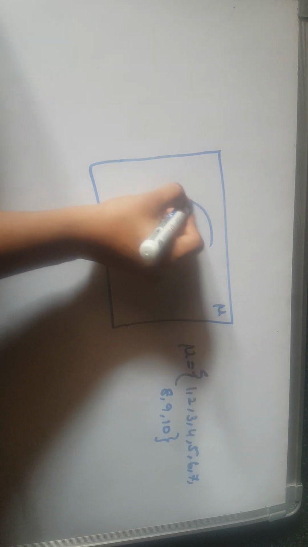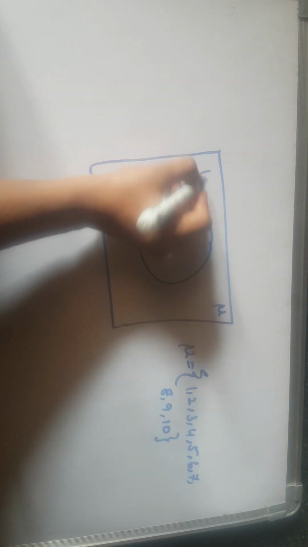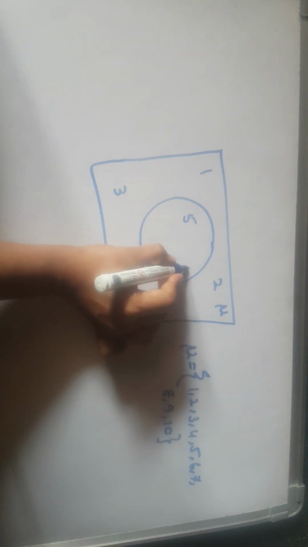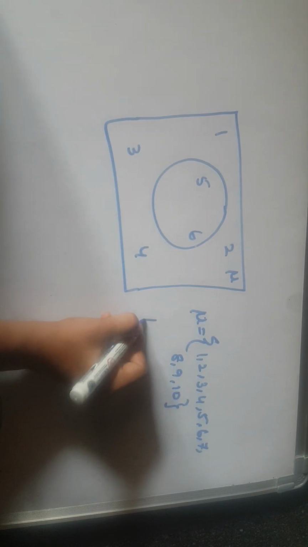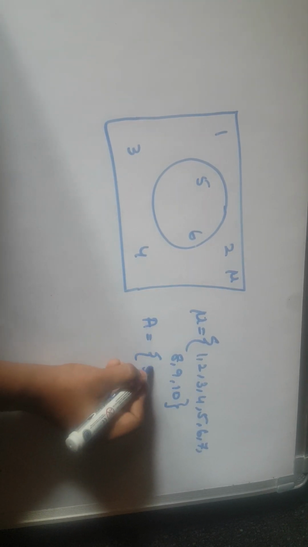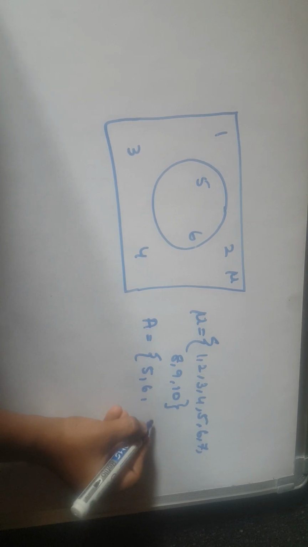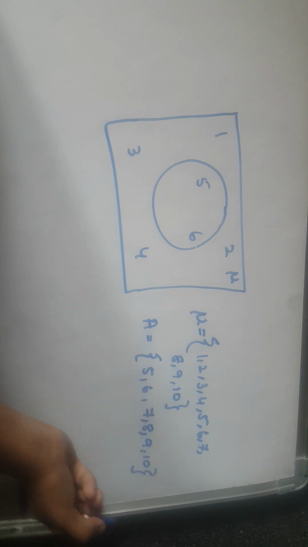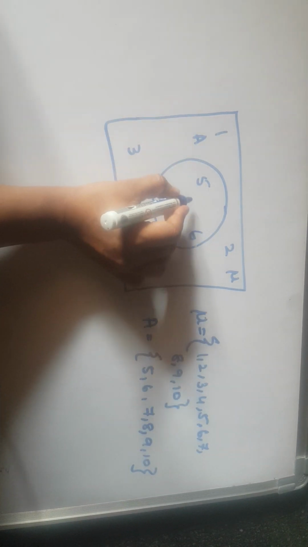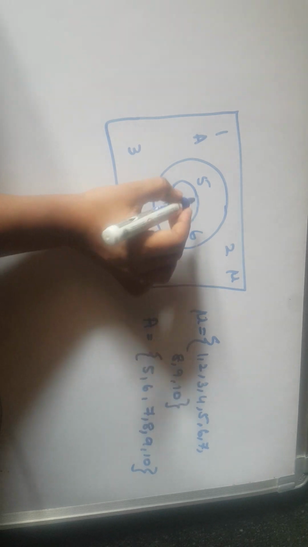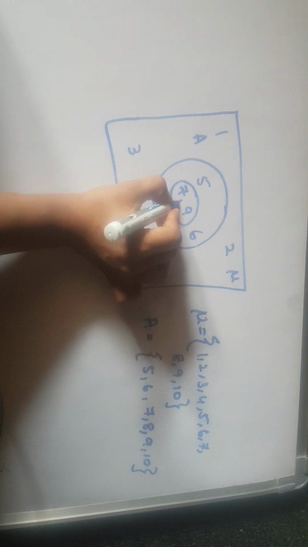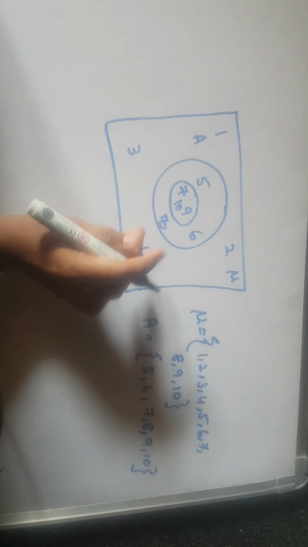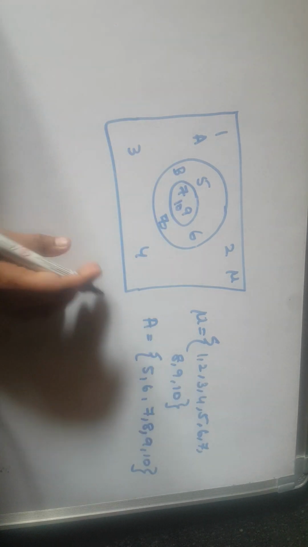Consider set A. Set A has 5 6 7 8 9 10 as elements. B has 7 9 10.